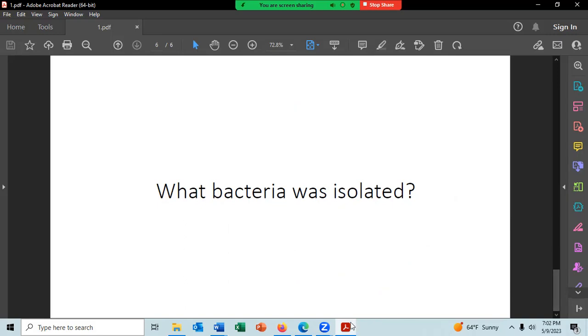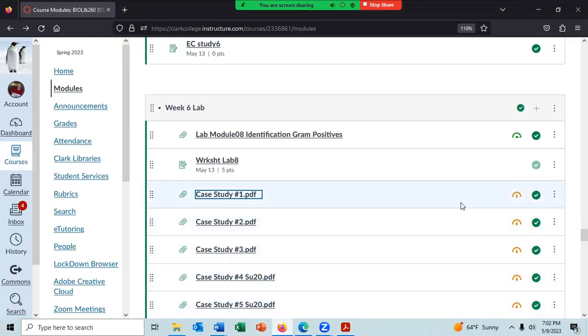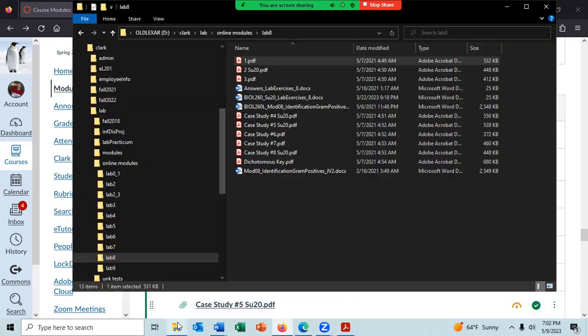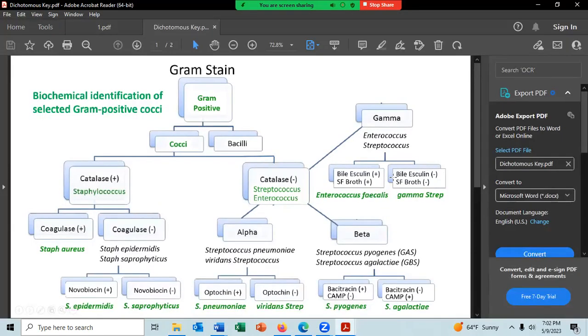Come and take a look at the dichotomous key. Did I shut that down? I think I shut that down. Well, let's see if I have it here. There it is. So I already told you it's a gram-positive cocci, and follow what the catalase test was.